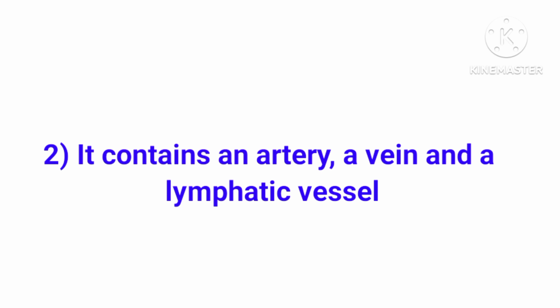A vein means veins are blood vessels that bring blood back to the heart. And a lymphatic vessel. Lymphatic vessel means lymphatic vessels are the fine tubes carrying the lymphatic fluid and white blood cells all through the lymphatic system.